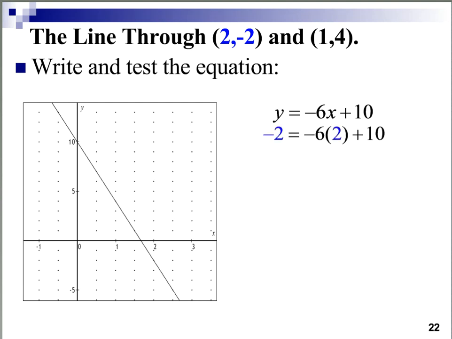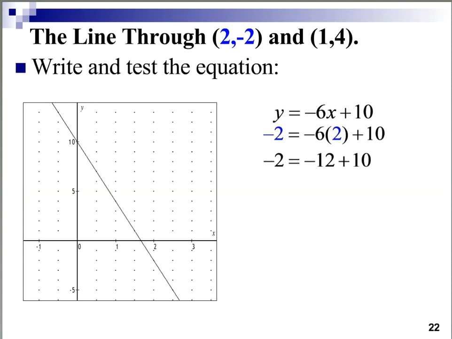So when we do this, we will get on the left y is equal to negative 2, because that's the y-coordinate of the point we're testing, is equal to negative 6 times 2, because x here is 2 for this point, plus 10.